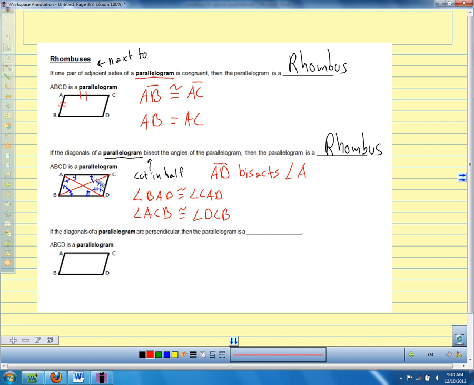This angle's been bisected. And I can do that for all of the angles in the parallelogram. So these are different ways of saying that the diagonals bisect the angles. We can actually write out that they bisect the angles, or we can say that each of these angles is congruent in pairs. I haven't written out everything, I've just written a few examples here.